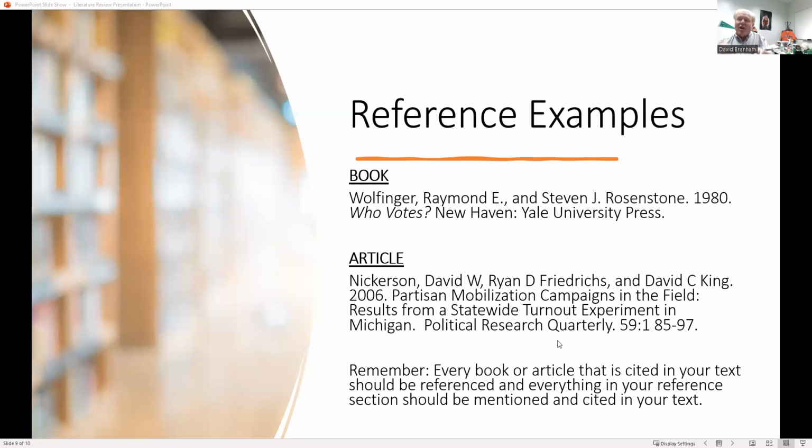APSA style, if you start with that every time, put all the information in there, then it's easy to narrow down. So remember, once again, every book or article that is cited in your text should be referenced, and everything in your references section should be mentioned and cited in your text.